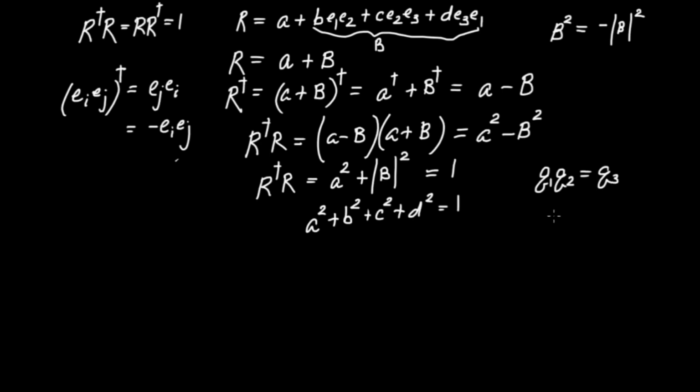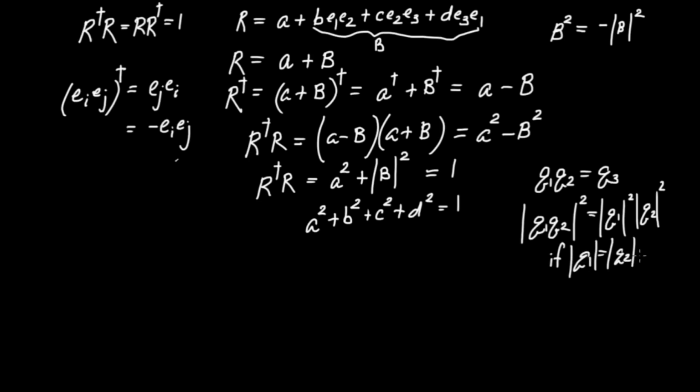This follows very simply from the fact that the squared length of the product is equal to the product of the squared lengths individually. So if the length of Q1 and the length of Q2 are equal to 1, then the length of Q1 times Q2 is also equal to 1.